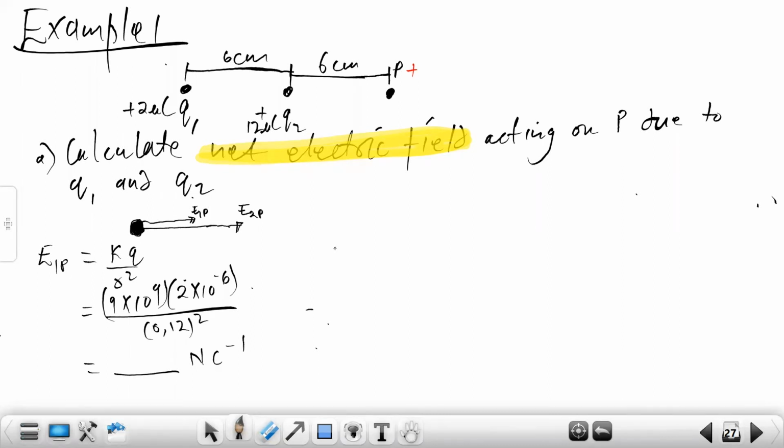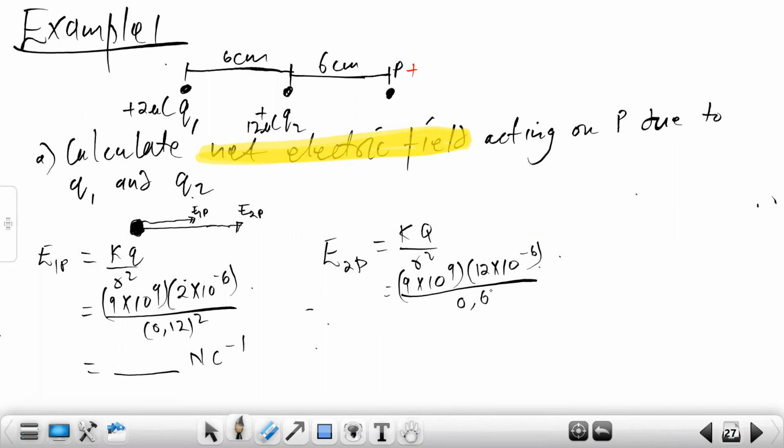And then I can do E of 2 on P. This is just kQ over r squared, 9 multiplied by 10 to the power 9, and then I am told Q2 is 12 multiplied by 10 to the negative 6, divided by 0.06.